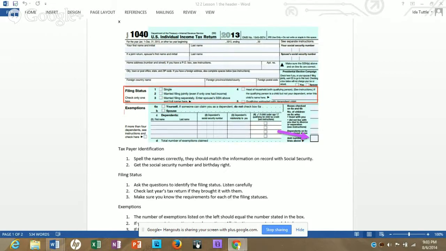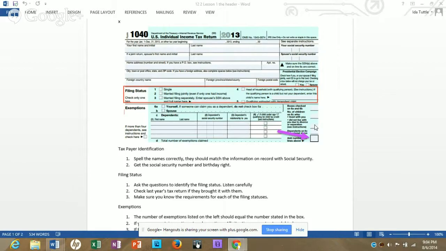Now, if they did not live with you for the year because of divorce or separation, then you need to put them there.